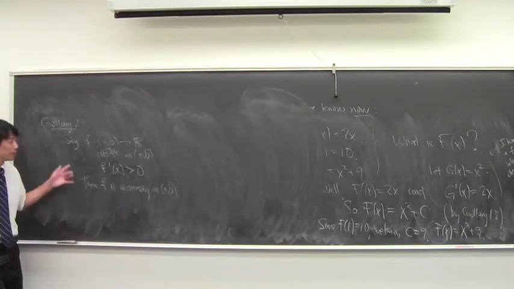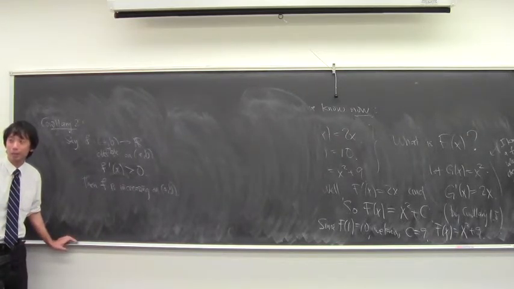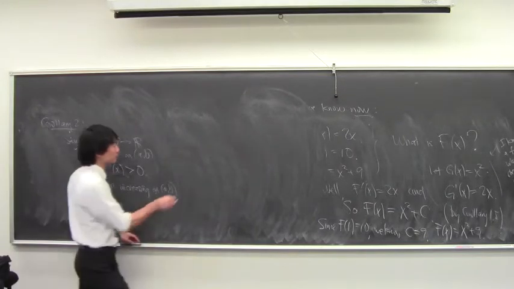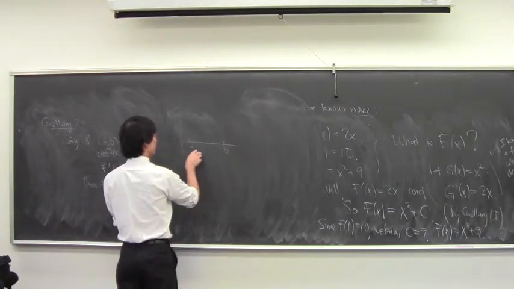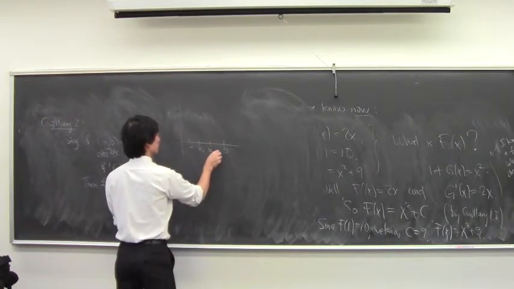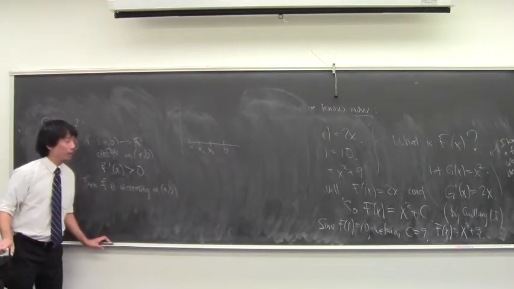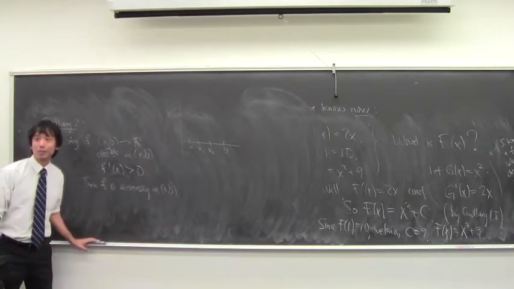So this is again another corollary of the mean value theorem. So here's A, here's B, x1, x2. Can somebody explain this to me using the mean value theorem?